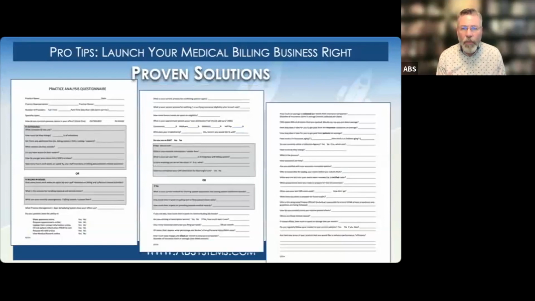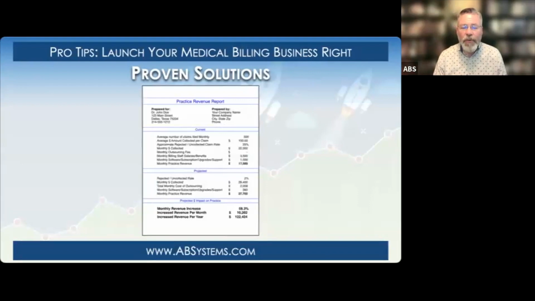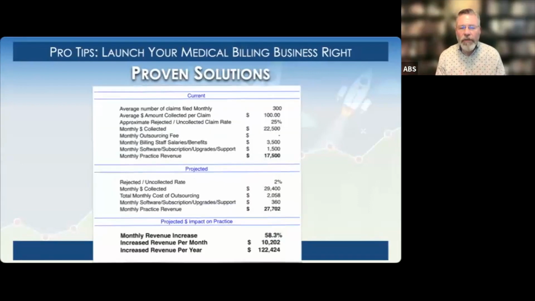So again, we have all the questions. All you have to do is ask the doctor or their person that says, yes, I want to hear more about what you do, and I know I need to go through some type of analysis. Once you get all that information, you're going to put it into a practice revenue report, and then you're going to show the doctor really where they are currently, where they could be, and their projected impact on their practice.